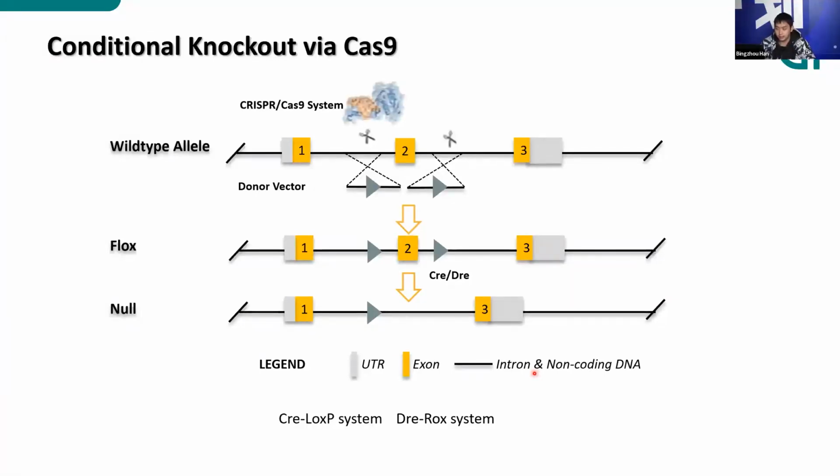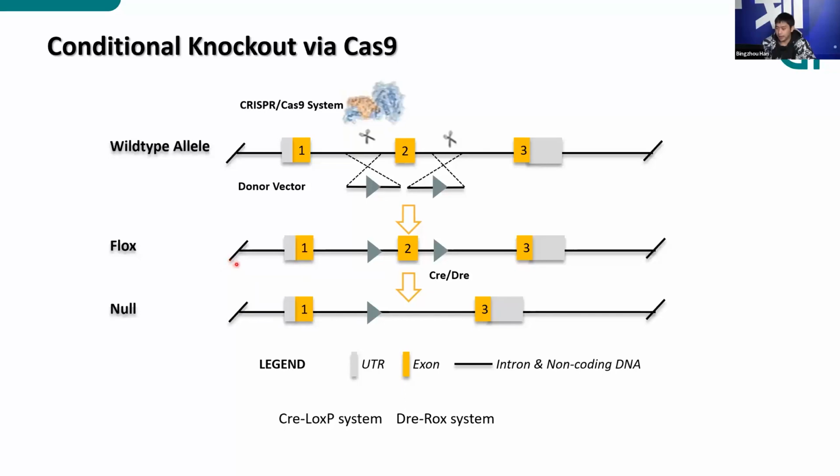So basically, the first step of generating a conditional knockout by Cas9 is to introduce this so-called flox or frox strain, by introducing two LoxP or Rox sites flanking one or multiple essential exons of the gene of interest using a CRISPR Cas9-based knock-in strategy to generate this flox or frox allele.